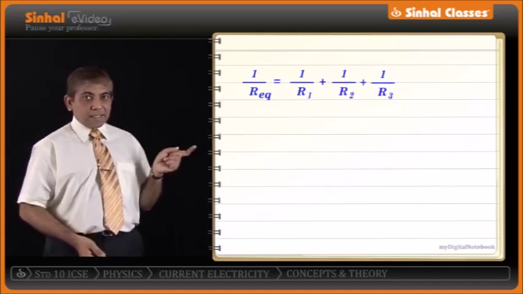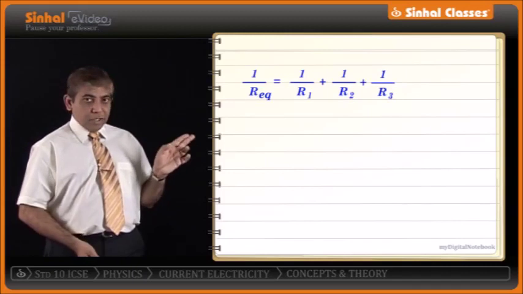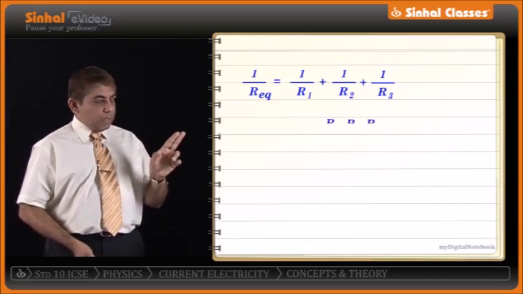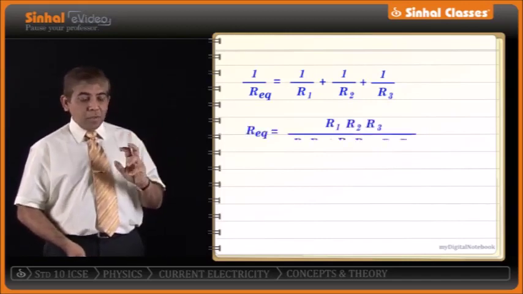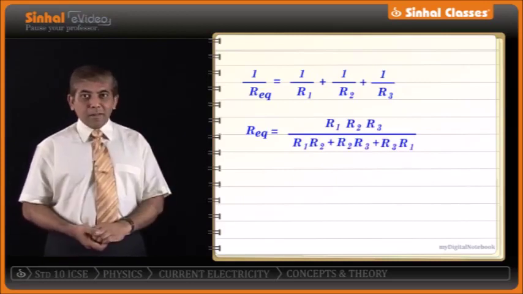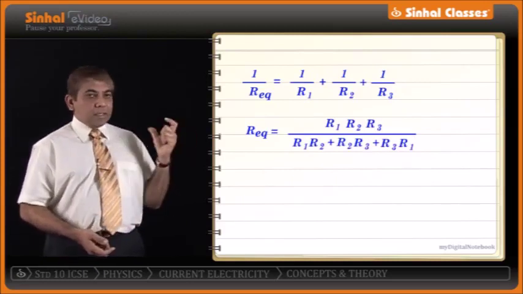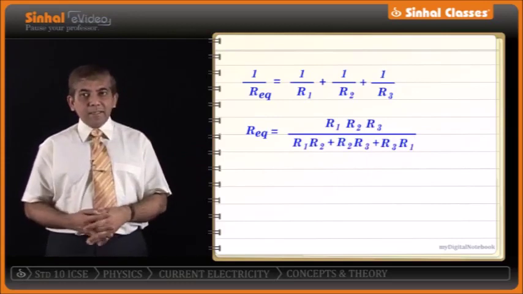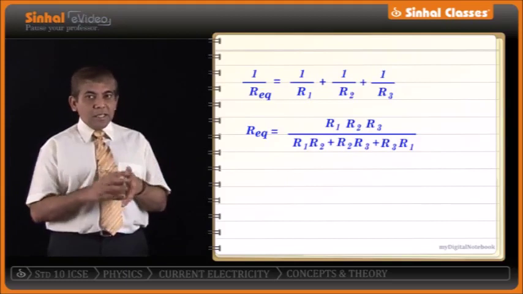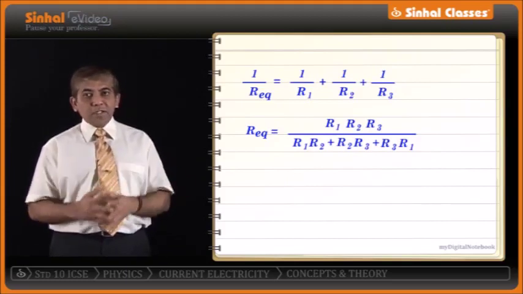It works out to be R equivalent is equal to R1 R2 R3 divided by R1 R2 plus R2 R3 plus R3 R1. With this, we see that we have resistances connected in series, resistances connected in parallel. These are always going to be handy when you're going to solve numericals that are based on this.